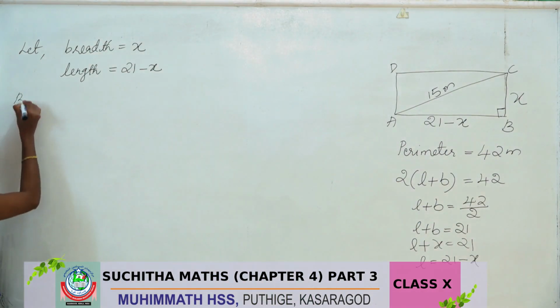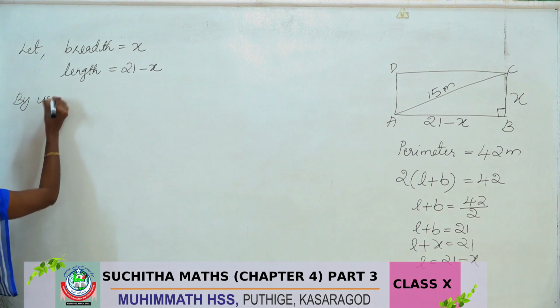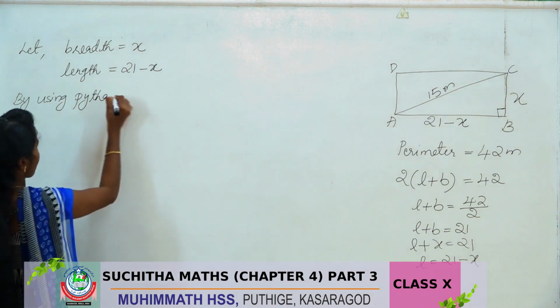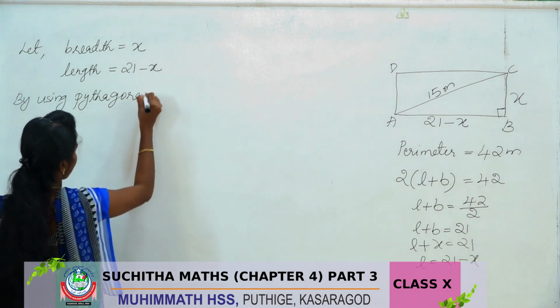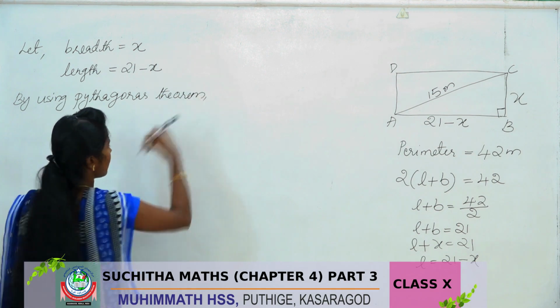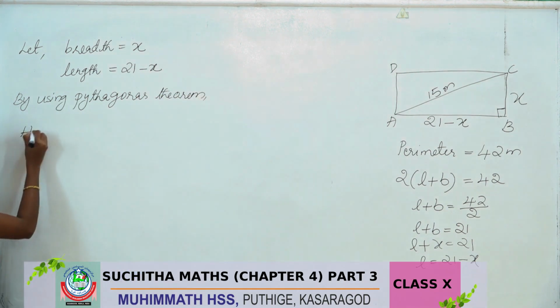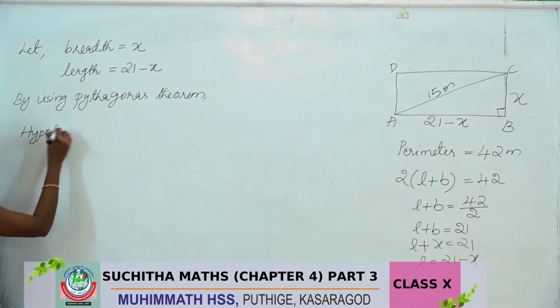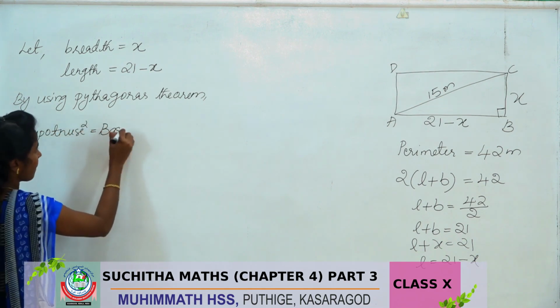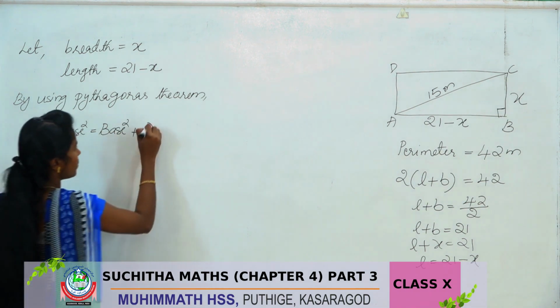By using Pythagoras theorem, what is Pythagoras theorem? Hypotenuse square equal to base square plus altitude square.